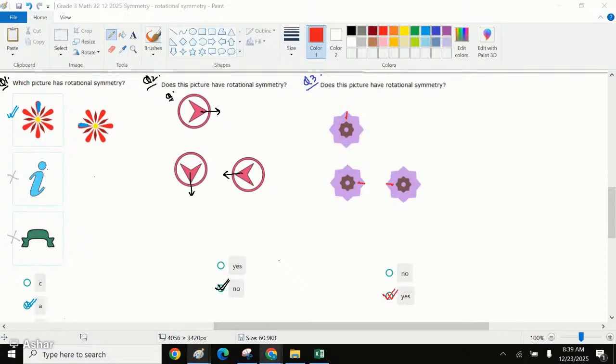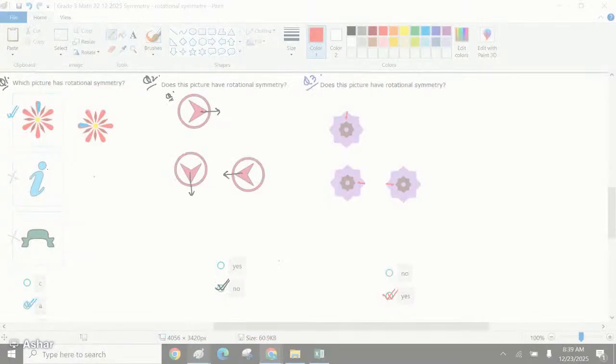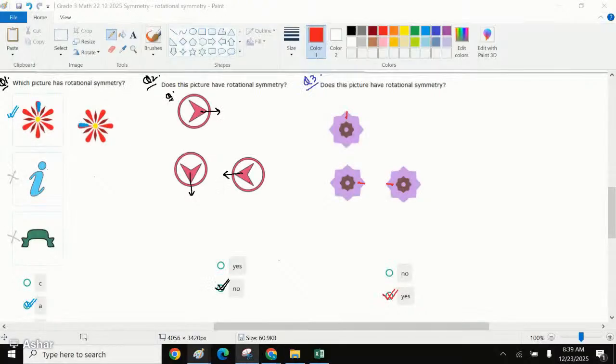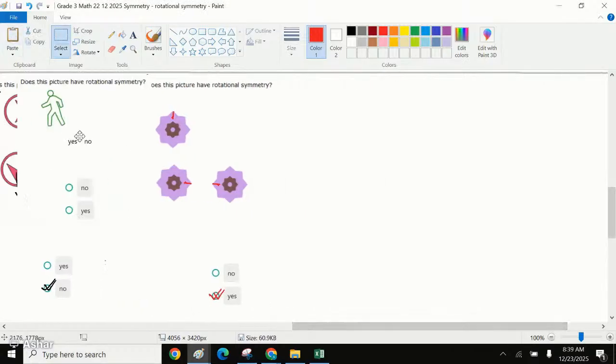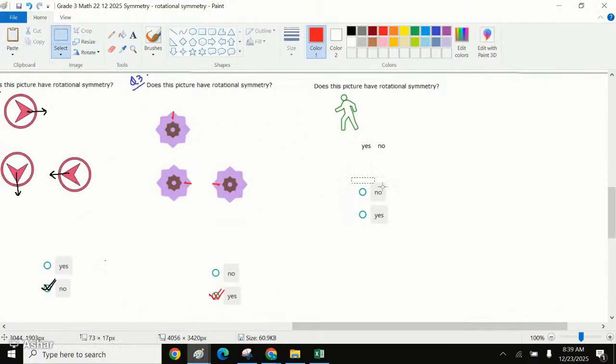The next question we have is a person walking. So we need to see if the person walking has a rotational symmetry. That would be question number 4. Yes or no? Very simple. If a person is standing and a person is lying down, it's not the same picture, right?